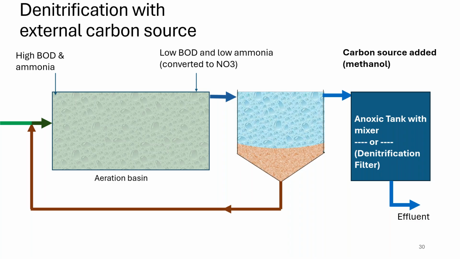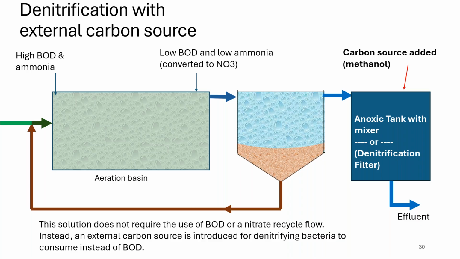They add an additional carbon source, and a most common one is methanol, and that is what the denitrifying microorganisms will consume instead of the BOD. So they'll be eating the carbon source, and as they eat, they require some kind of oxygen to process that BOD, and so they'll strip the oxygen from nitrate.